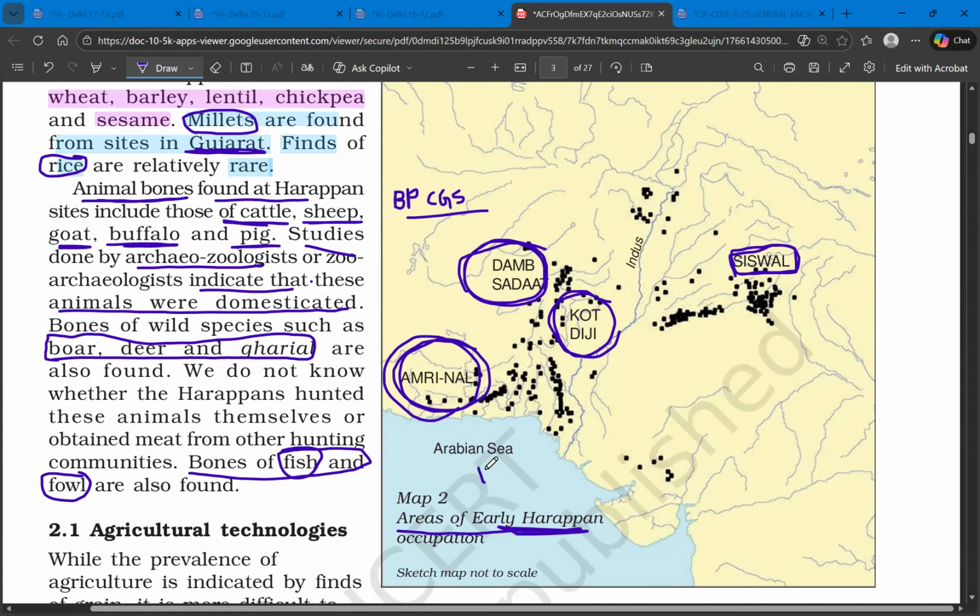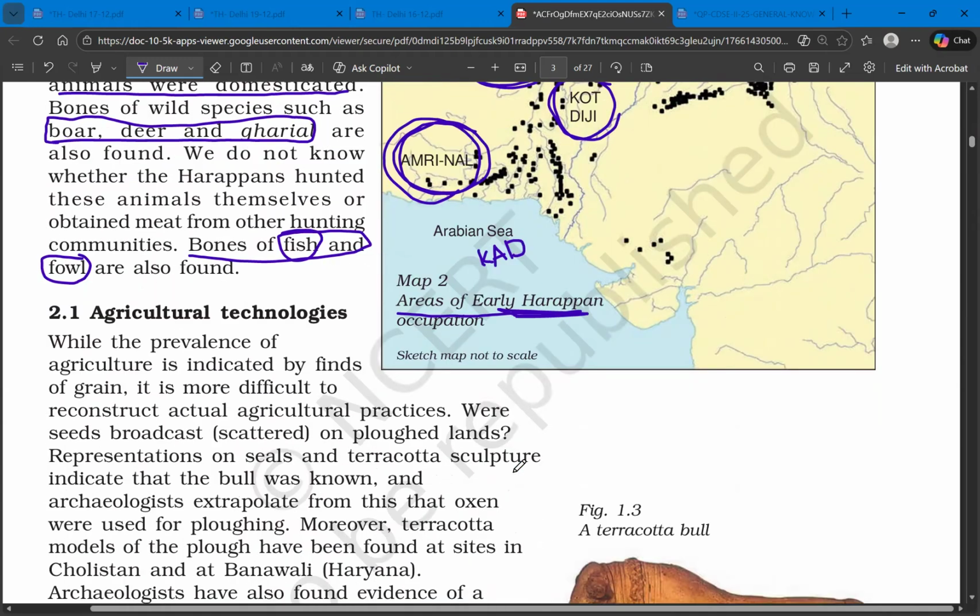CAD: K for Kot Diji, A for Amri, and D for Dam Sadat. These are in Pakistan, and Siswal is in India. So these are the areas of early Harappan occupation.